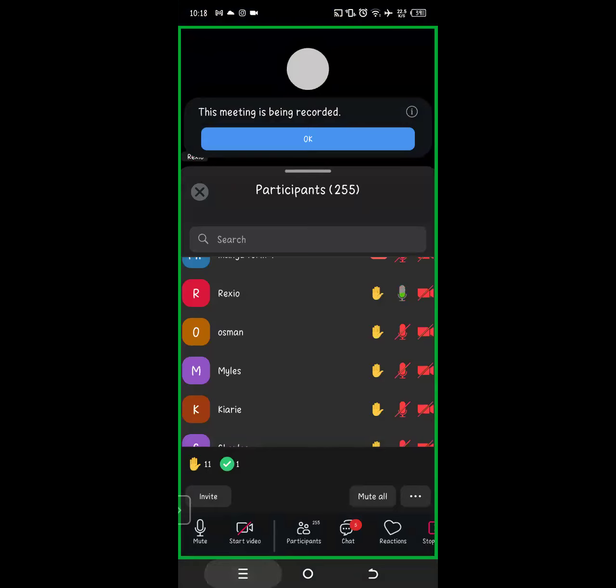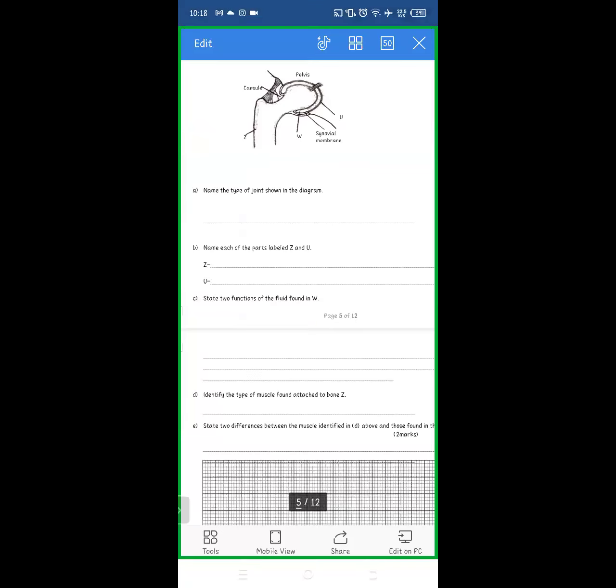The parts are femur and articular cartilage. So part Z is femur, that is very right. And part U is? Articular cartilage. Articular cartilage, that is very okay.